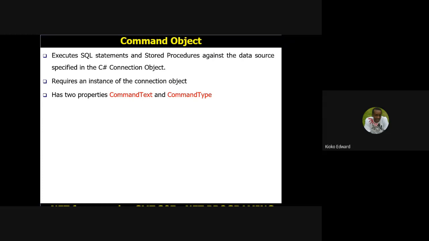Then we also have something we are calling the command type. The command type could either be that we are executing a stored procedure, or we are executing a normal table. And we might use the 2 properties, or we might combine them in one line. But once you have done some sample code that will enable us to connect to the database and maybe do some updates to the database, this will become clear.